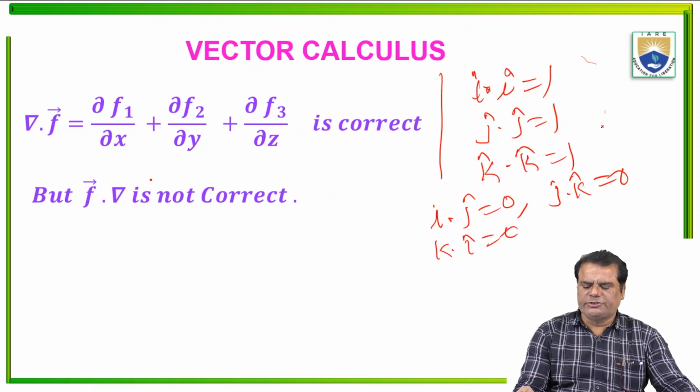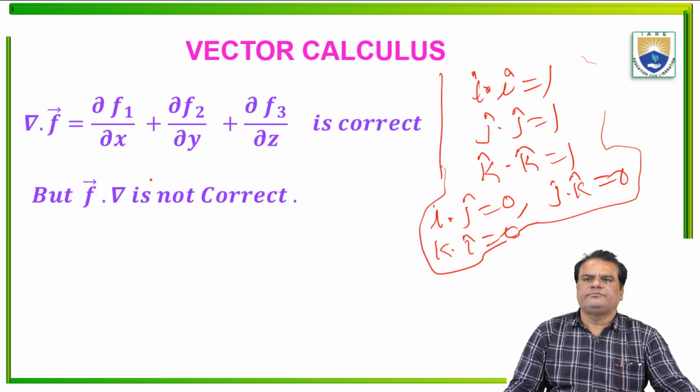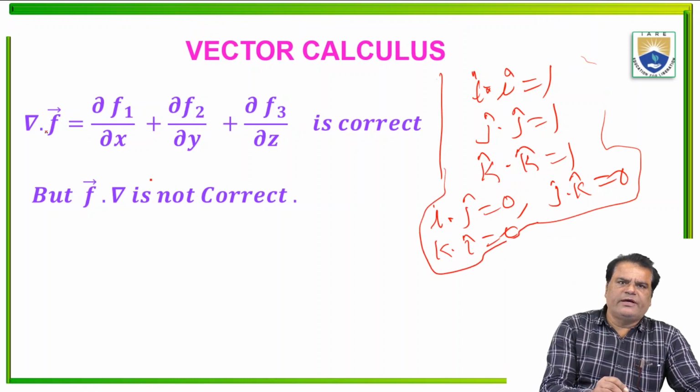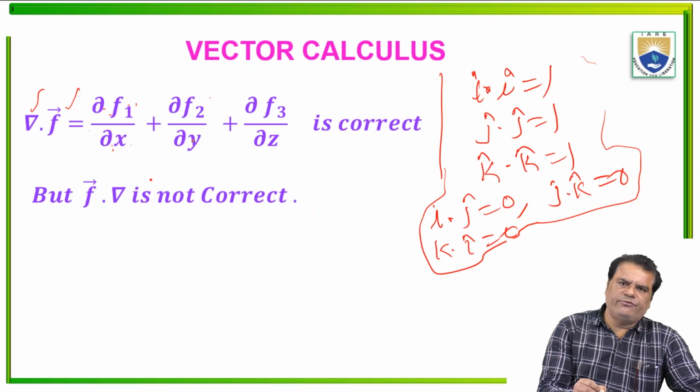Basically these six formulae we apply here. So after taking the dot product between del and the vector point function, this equals ∂f1/∂x plus ∂f2/∂y plus ∂f3/∂z. This is the correct formula.